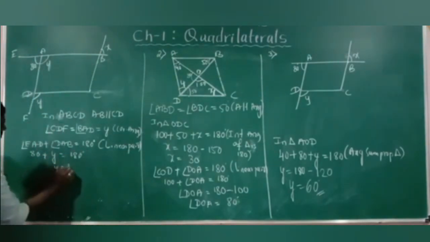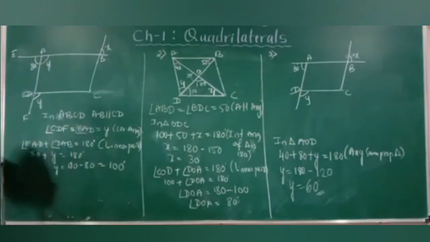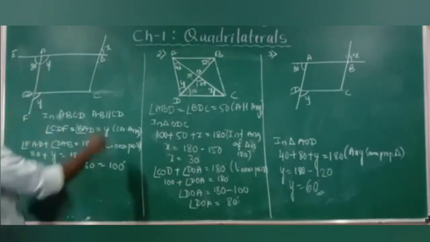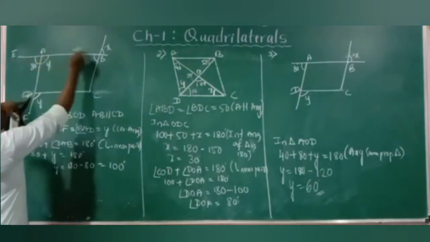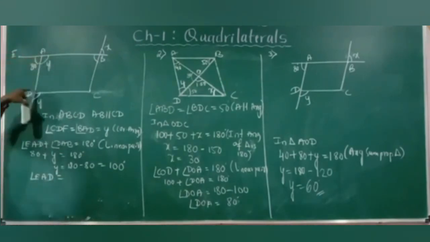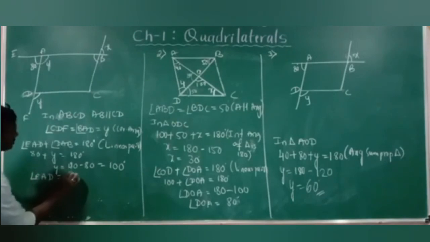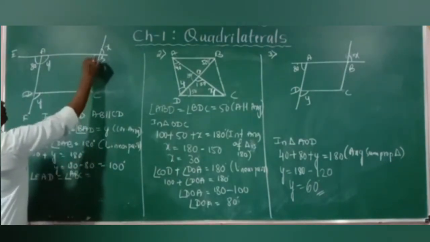Now y is equal to 180 minus 80, which is equal to 100 degrees. So y is equal to 100 degrees. Here angle EAD is equal to angle ABC, because these two are also corresponding angles. So this angle becomes 80 degrees.